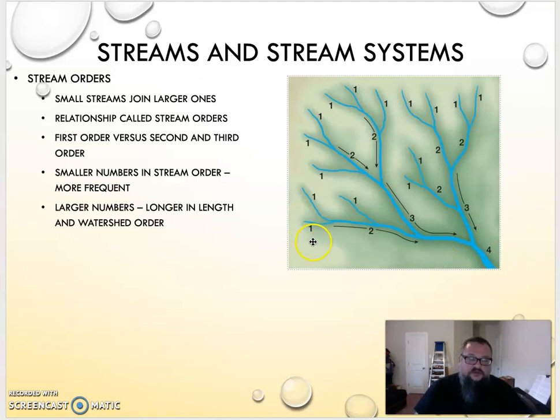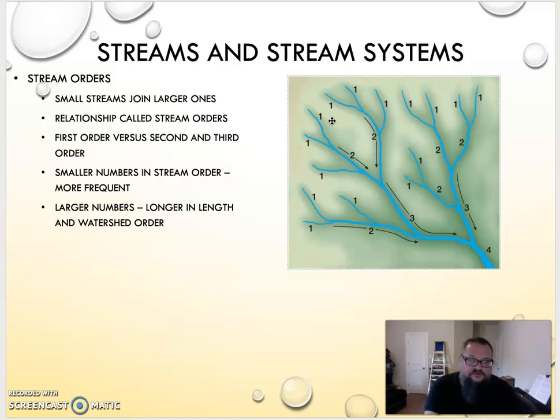Within a watershed, there are going to be lots and lots of first order streams and second order streams. There are going to be lots of them, but they're going to be really, really short, and they're not going to have much water flow through them. But there are going to be fewer second order streams and third order streams and fourth order streams.